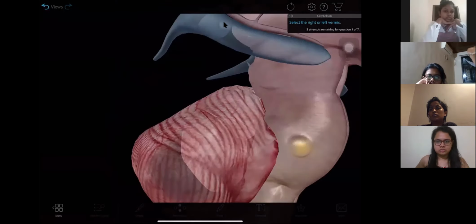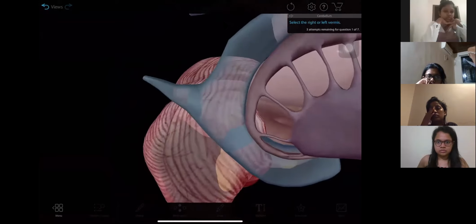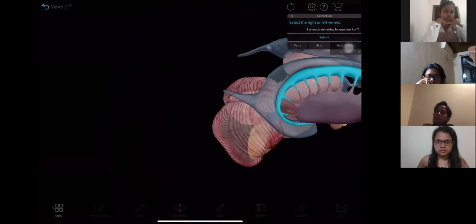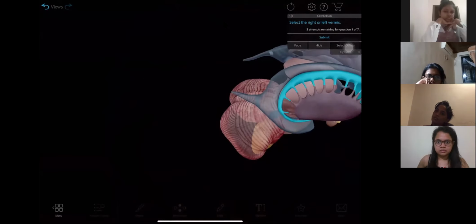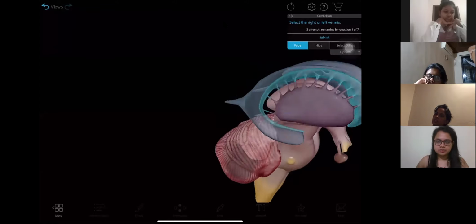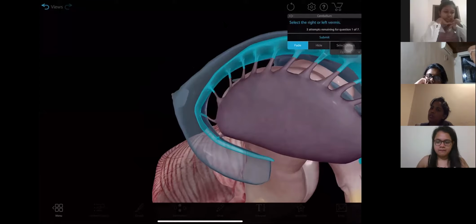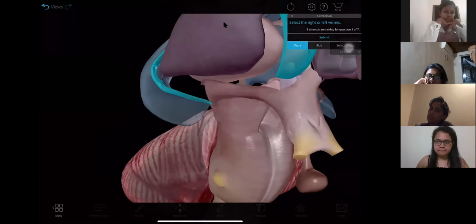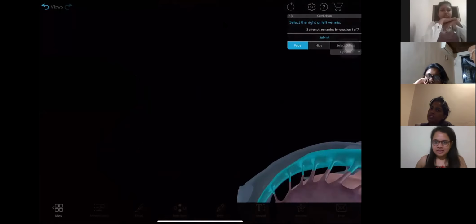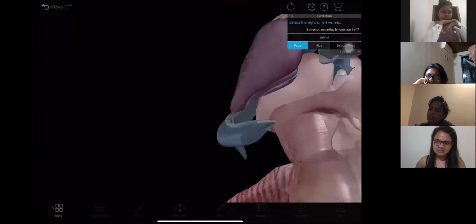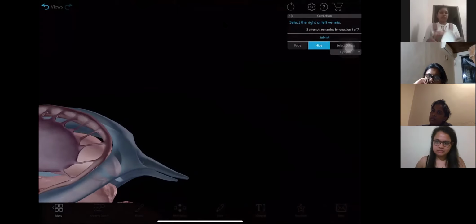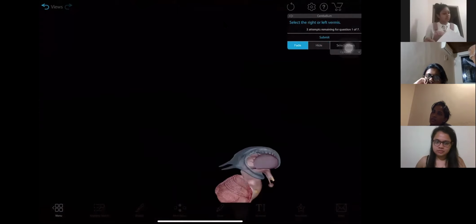Can someone tell me what the other structure that goes above the thalamus is? Begins with a C. It ends with the amygdala at the bottom. Caudate. Yes, it's the caudate nucleus. Okay. Remember that.